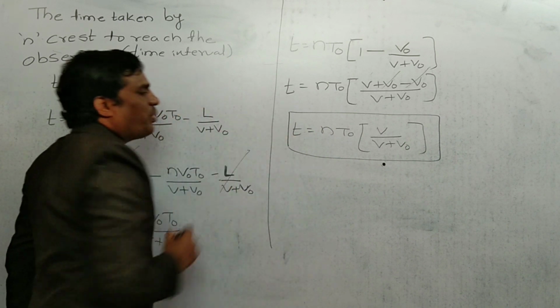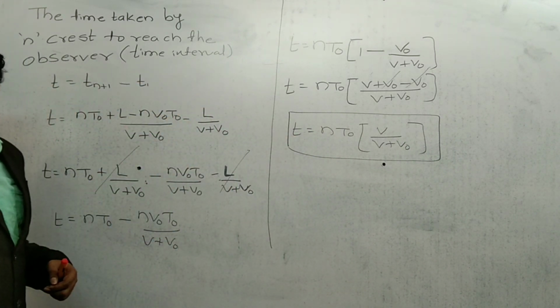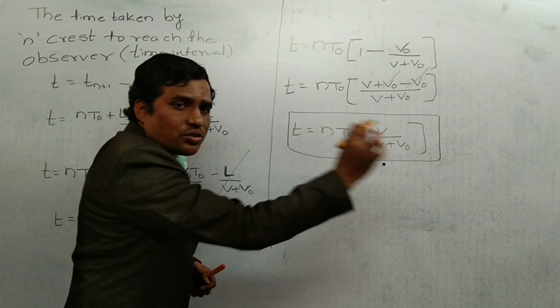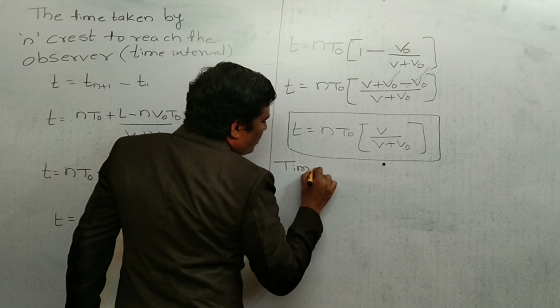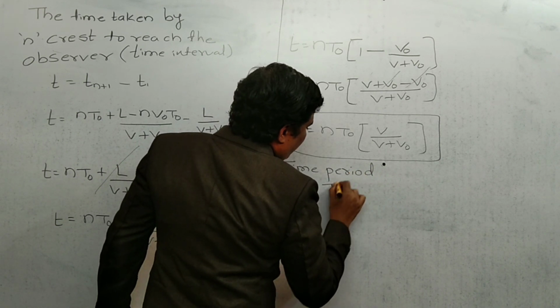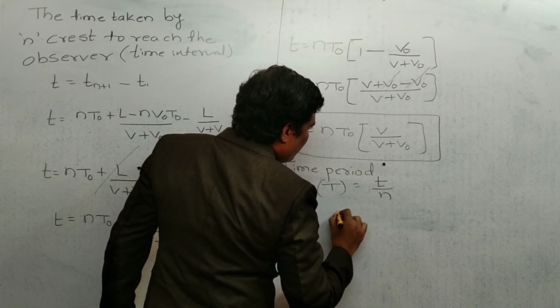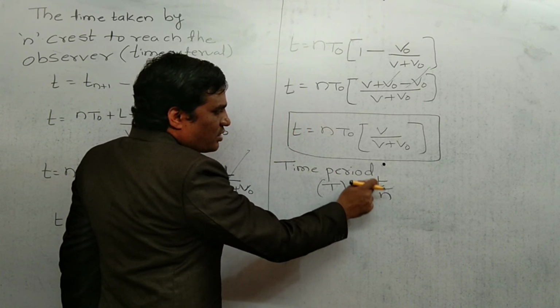Then you can find the time period. Time period is nothing but the time taken by a single crest to reach the observer. Now it is the time taken by n crests to reach the observer. Time period T equals T by n, so it is the time interval divided by the number of crests.